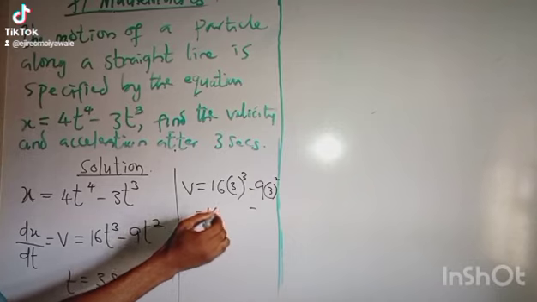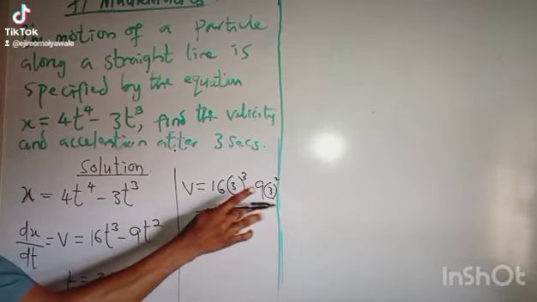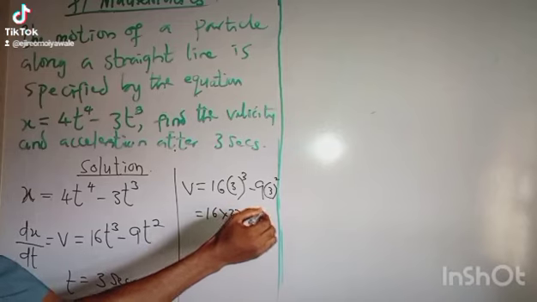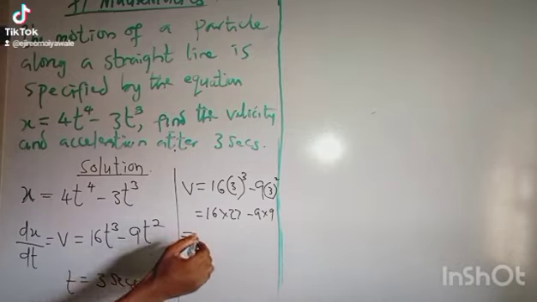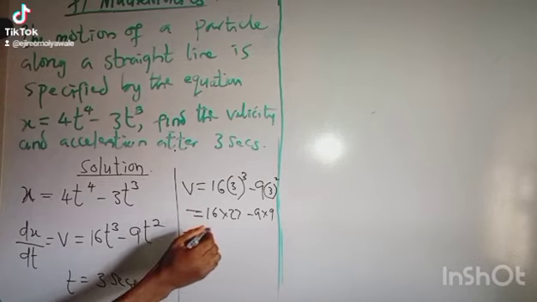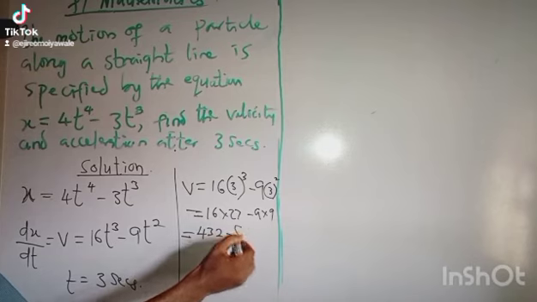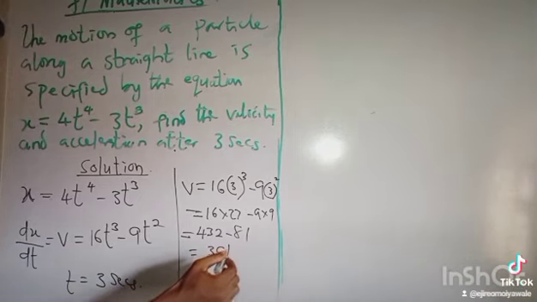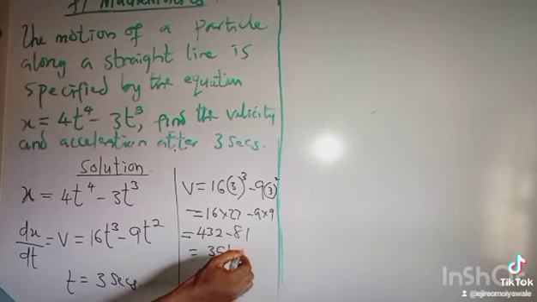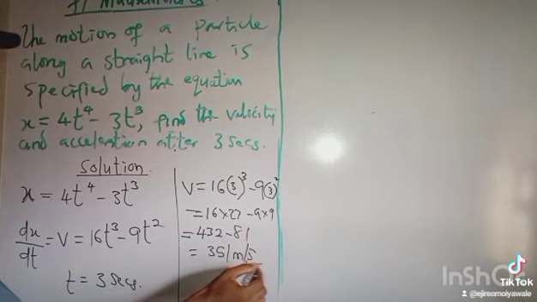That's going to be 16 times 27 minus 9 times 9, and 16 times 27 gives 432. 9 times 9 is 81. So 432 minus 81 gives 351 meters per second. That is the velocity.